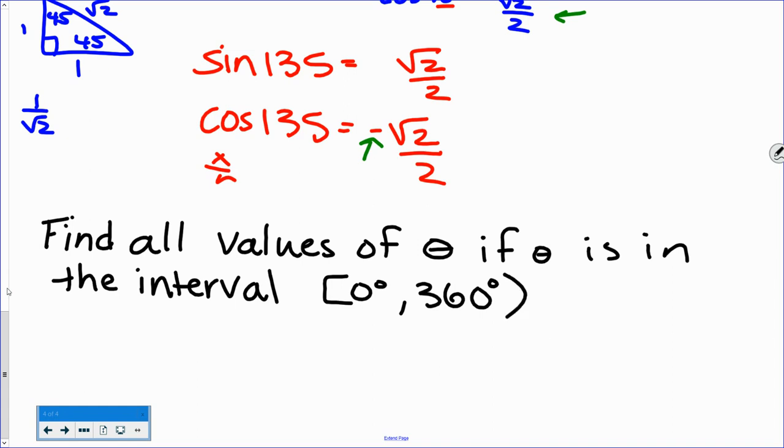All right, so that's interval notation if you're familiar with that. Some of you from pre-calc are probably very familiar with that. This means it can be 0. This means you'll end at 360.